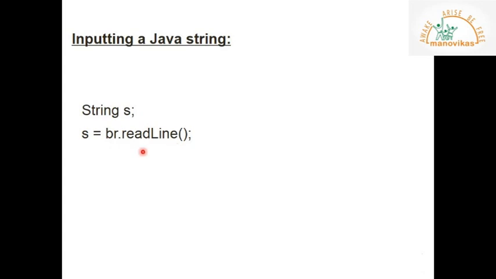This is your well-known function because we use it in other programs also. readLine is a function which is used to input a string value, and the value will be stored in this variable s. You can use readLine when you are using BufferedReader.